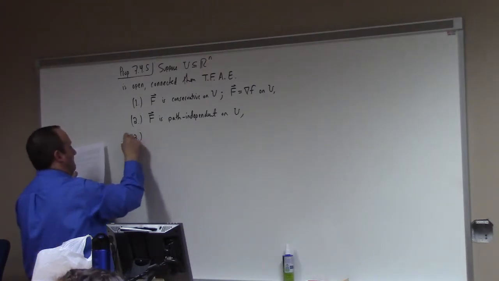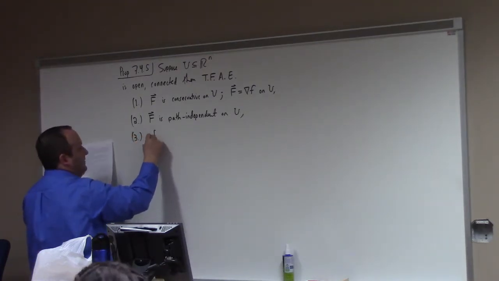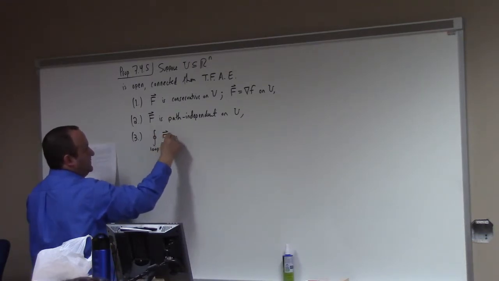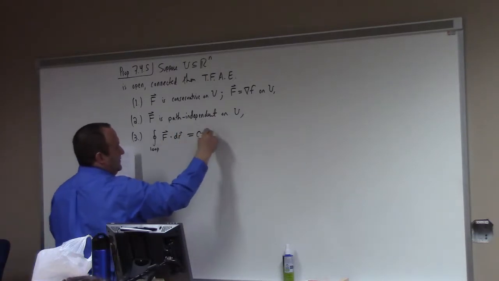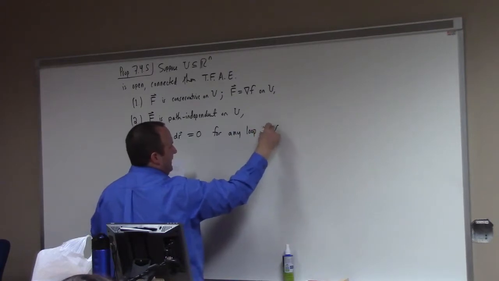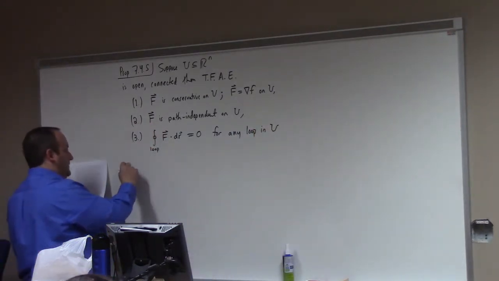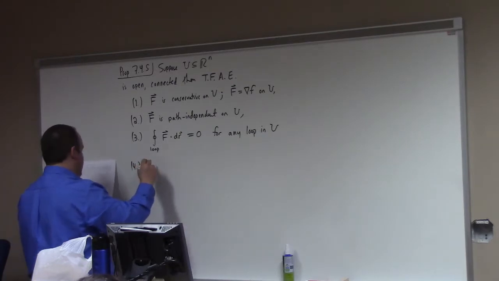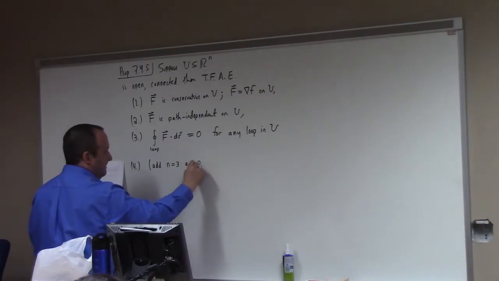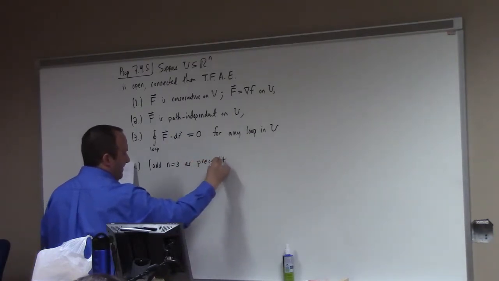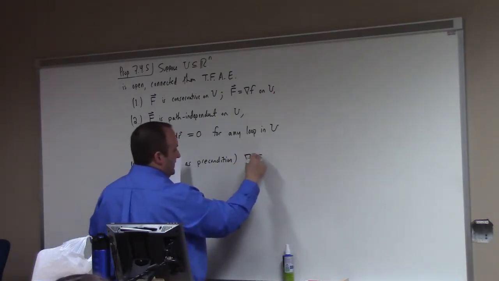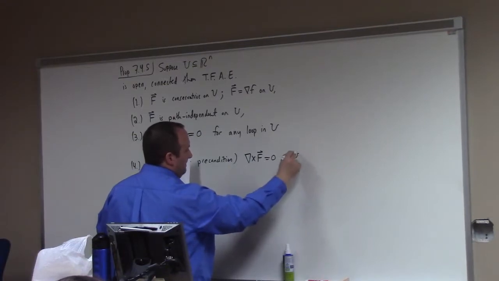Number 3, the integral around any loop of the vector field is equal to 0 for any loop in U. And then 4, if we add n equals 3 as precondition, the curl of F is equal to 0 on U.